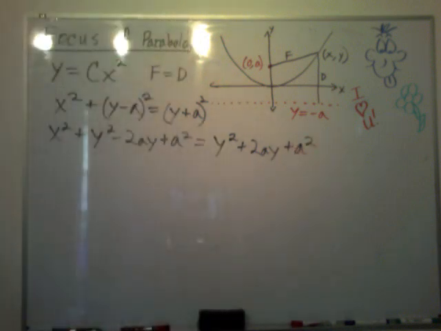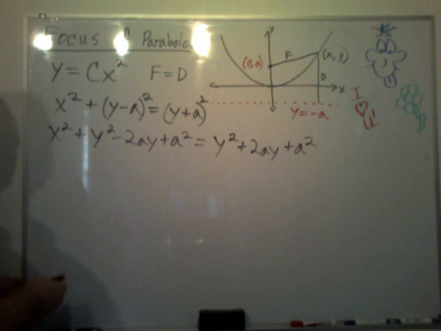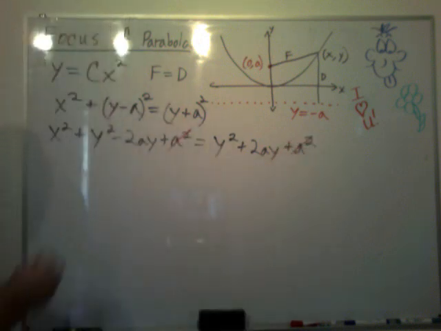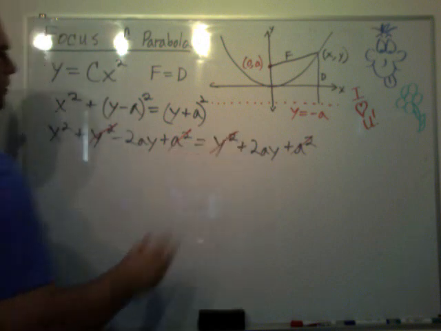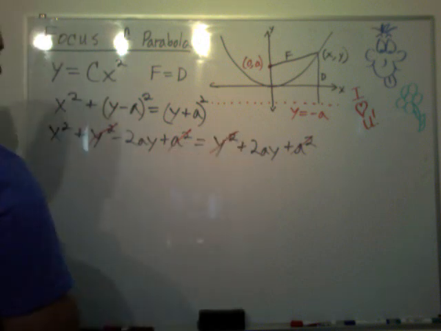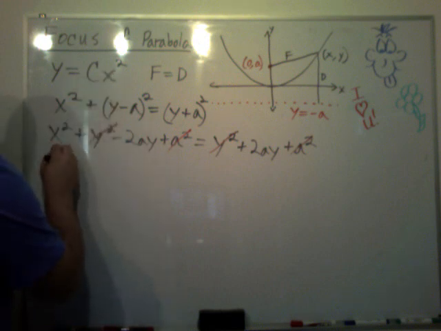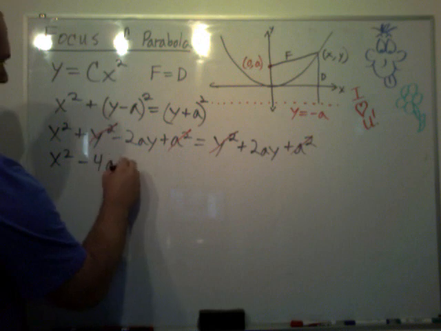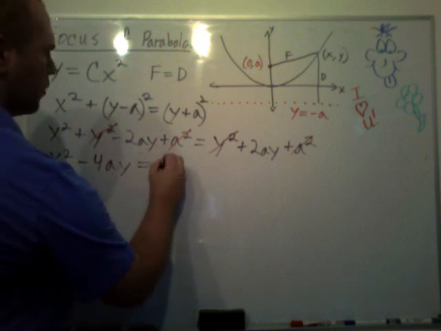Right? Subtract a squared from both sides, those cancel. Subtract y squared from both sides, they cancel. Subtract 2ay from both sides, and we have x squared minus 4ay is equal to 0.